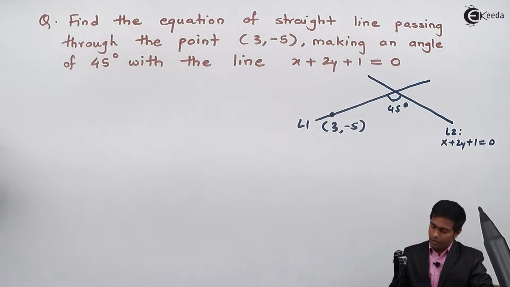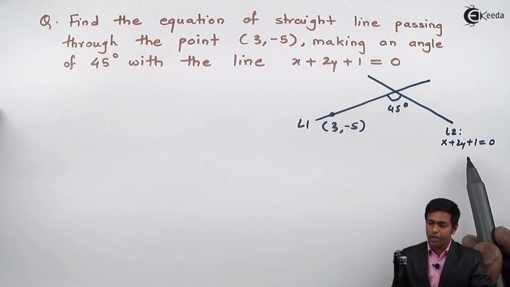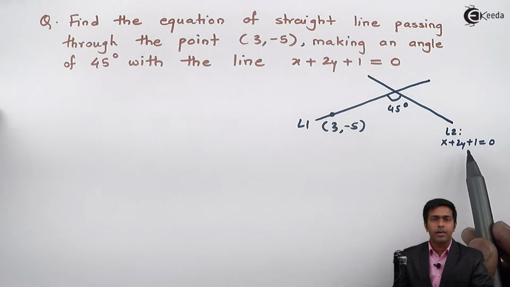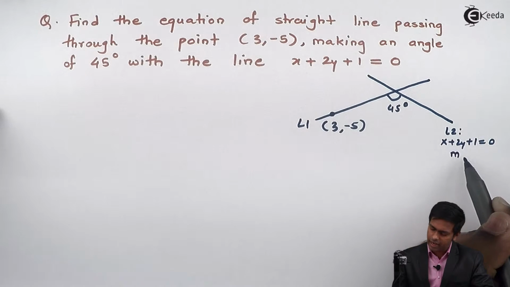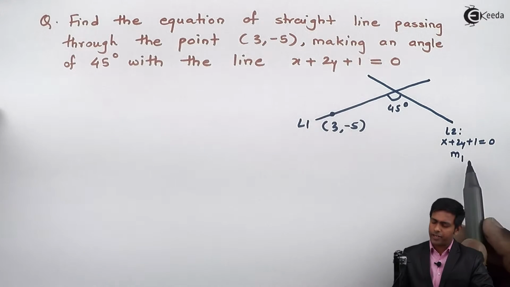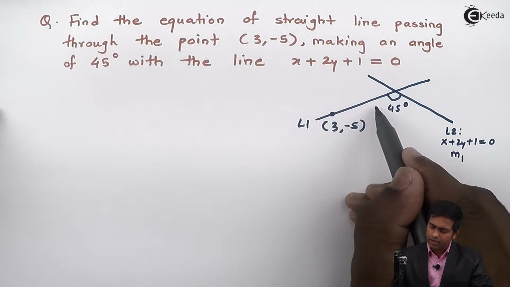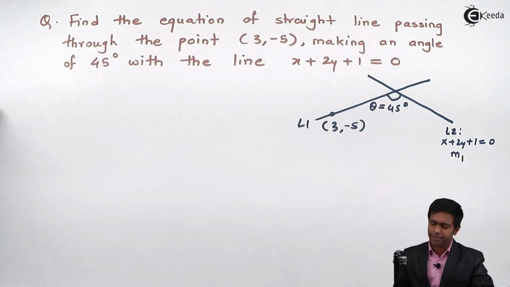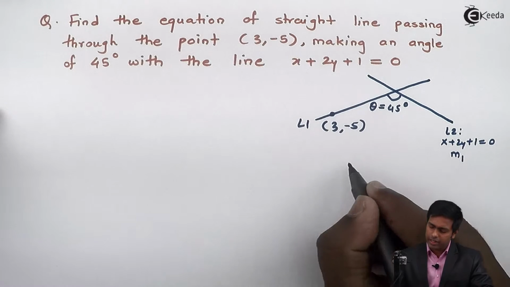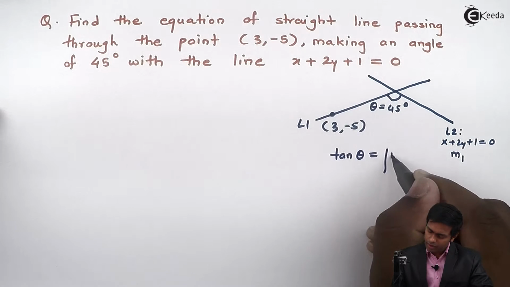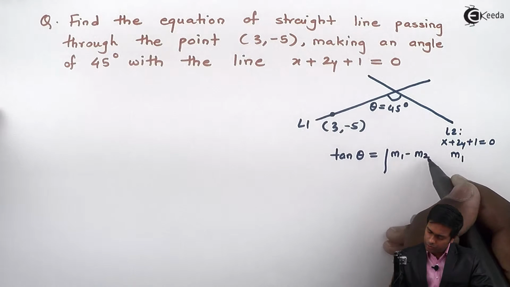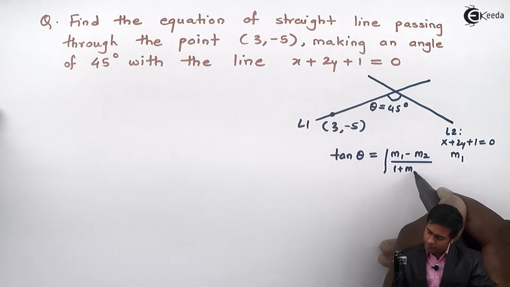So here for line number 2 we'll first find out the slope. Here I'll say that slope as, let's say, m1. After getting the slope we have the angle 45 degrees, we'll say it as theta, and then we will use the identity, that is tan theta = |(m1 - m2)/(1 + m1 m2)|.